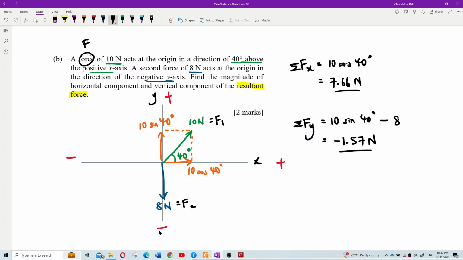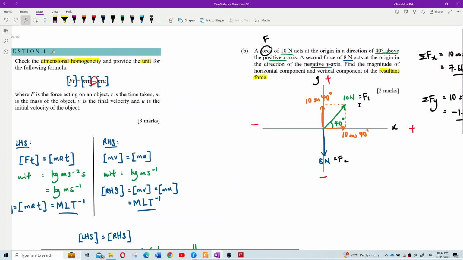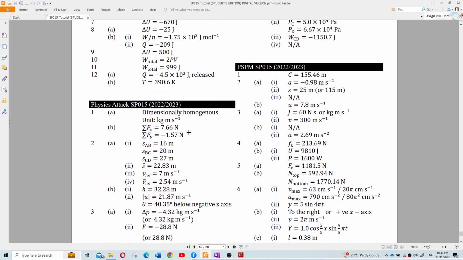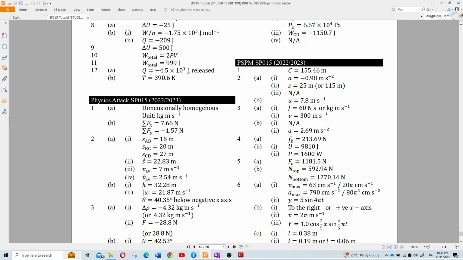Last, you want the magnitude of horizontal and vertical component only. He doesn't want the resultant force, he only wants the components. Okay, so I got the answer. So let's check the answer, shall we? Dimensionally, it's homogeneous, that's right.